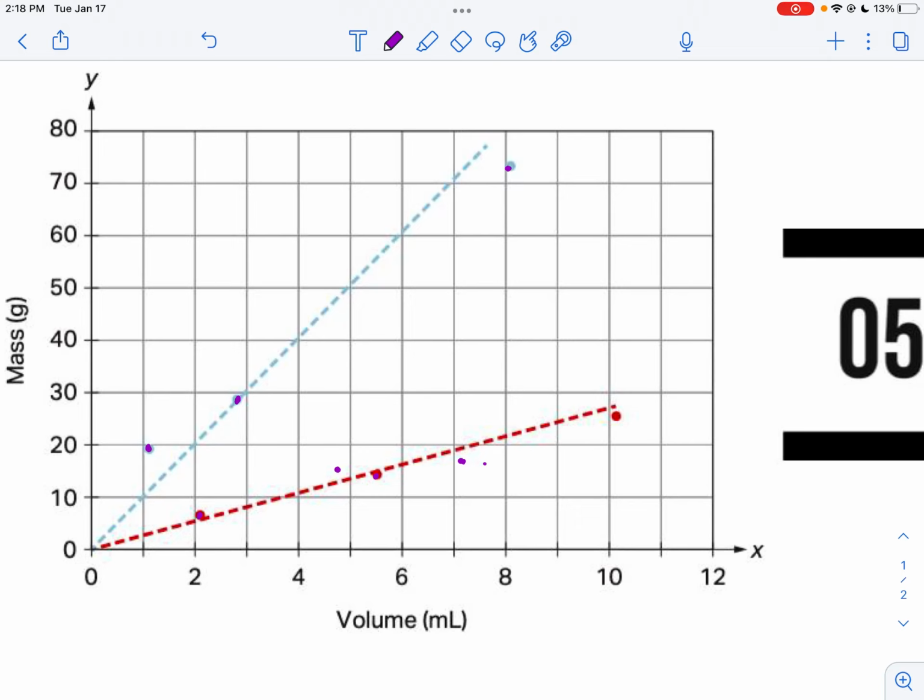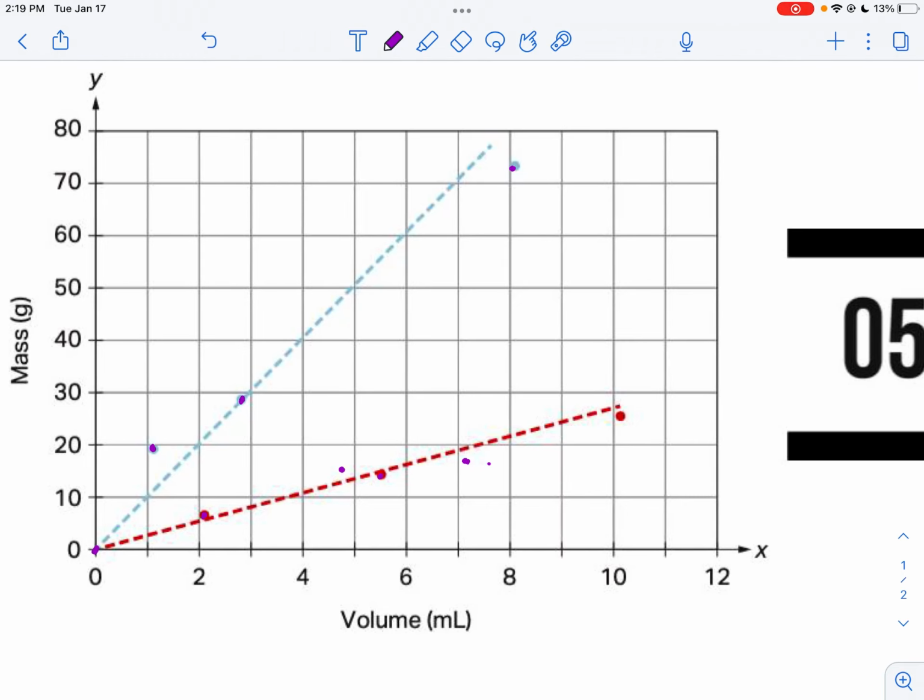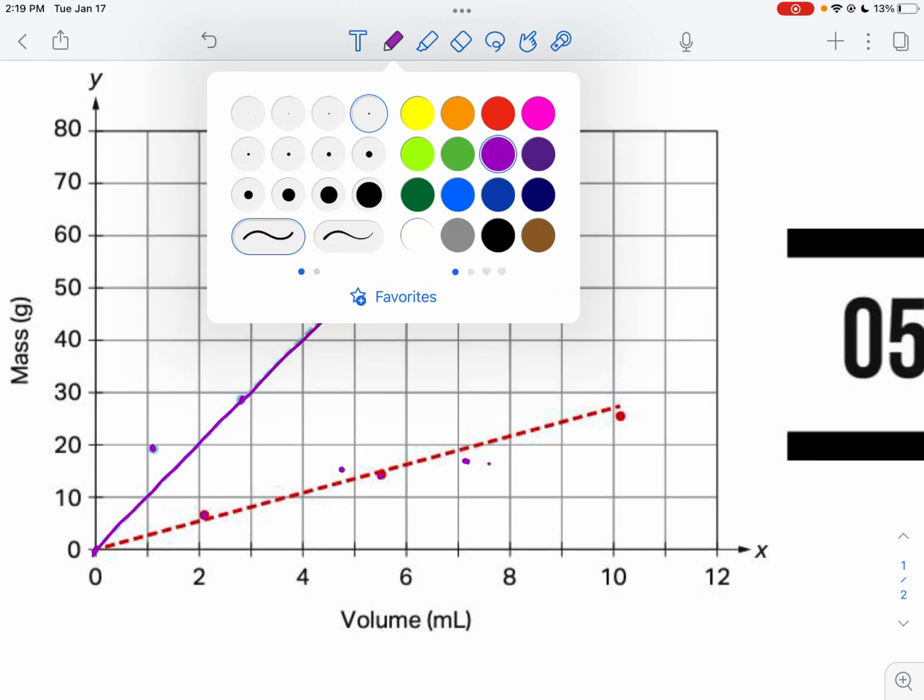And then what we're gonna do now is draw a line of best fit. And you can see, for example, my blue line, we're always gonna start at 0. But we're not playing connect the dots. We are just drawing a line that pretty much goes through the middle of all those points. Okay, and then again, we have the same thing.